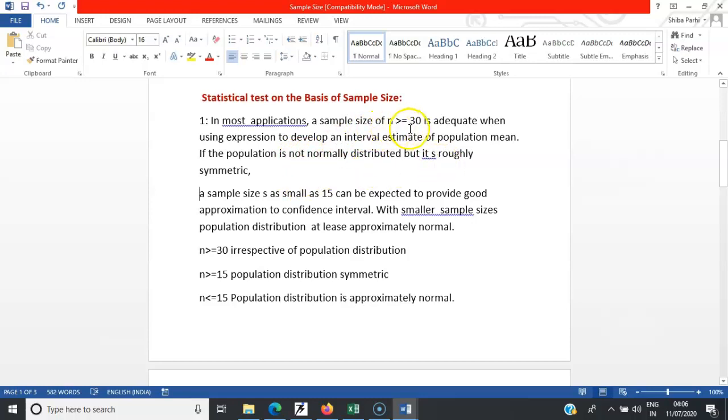Then a size of more than 30 is enough for a test.